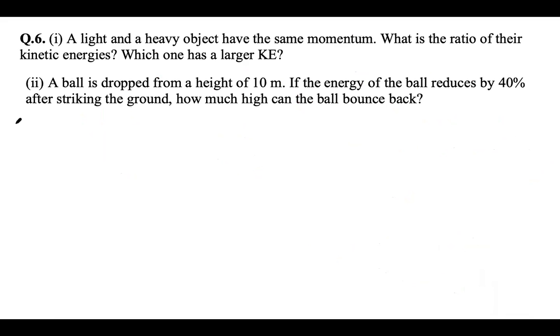The next question is, a light and a heavy object have the same momentum. What is the ratio of their kinetic energies? Which one has a larger kinetic energy? So the first part, light and heavy object, let m1 and m2 be the masses of two objects which are light and heavy respectively.